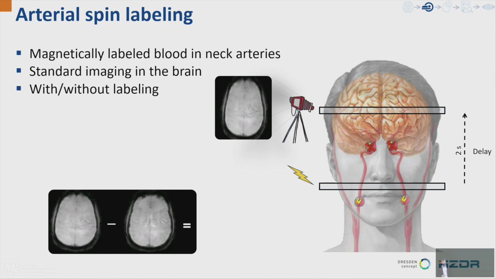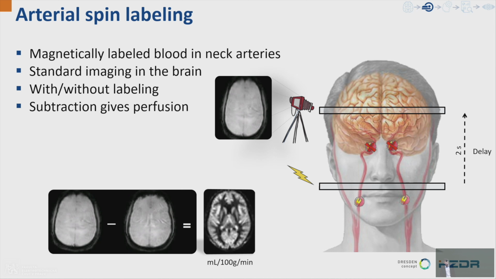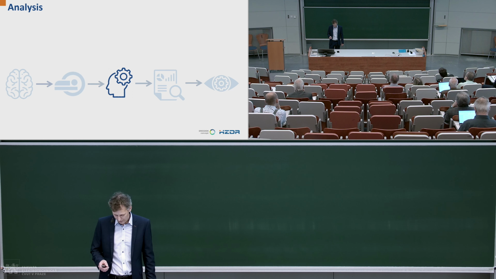We repeat this measurement twice, with and without prior labeling, and these two images look alike, but there's a 2-3% difference between them, and this is related to the labeled blood that is in one of these images. So if we subtract these two images, we obtain a perfusion-weighted image, and we can quantify this and obtain images of perfusion.